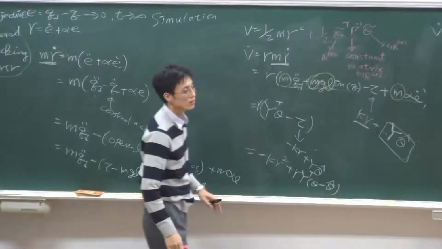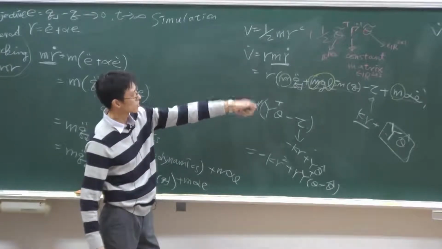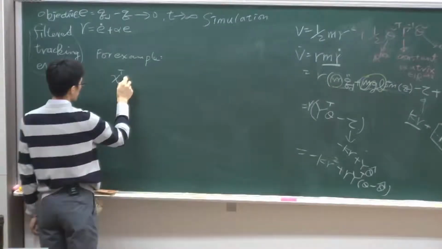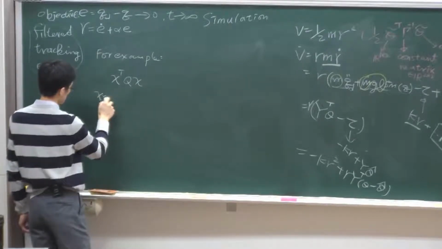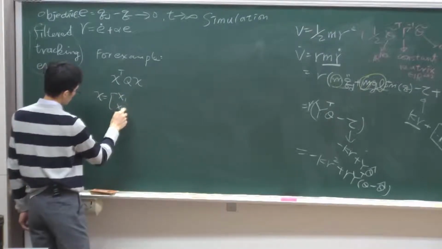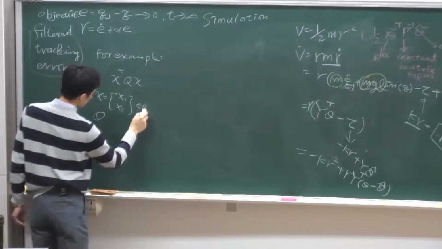It's a quadratic form. Okay, and x is x1, x2. Q belongs to R2.